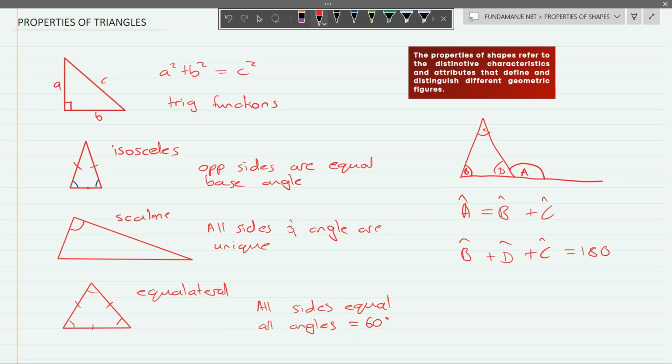So these are the two laws that govern our triangles. And if it's a right angle triangle, we also have these additional laws, the trig functions and Pythagoras theorem. The other triangles, yes, we can apply the cos rule and the sine rule, but it's mostly the right angle triangle that we can apply the trig functions and the Pythagoras theorem to.